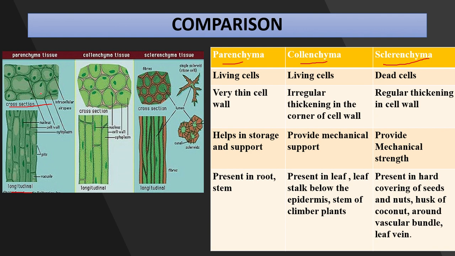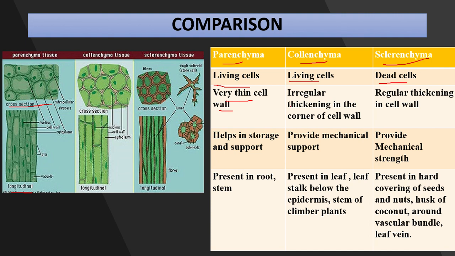The cells of parenchyma tissue are living cells. In the same way, in collenchyma, cells are living. But the cells of sclerenchyma are dead cells. As you can see, in the parenchyma there is a very thin cell wall. But in the collenchyma, in the corners you can see some thickening.